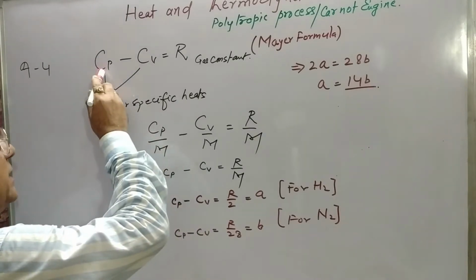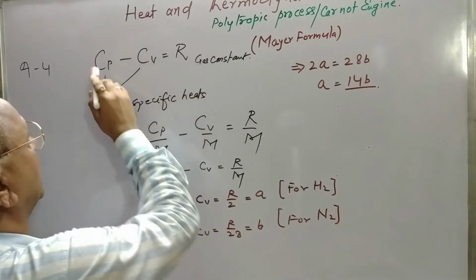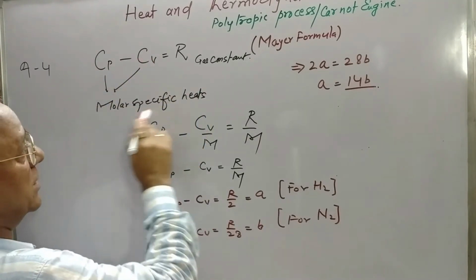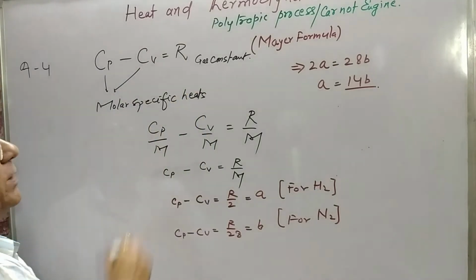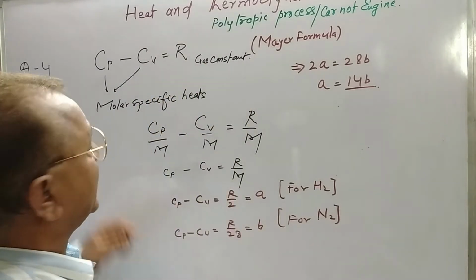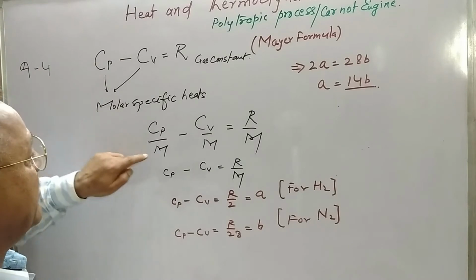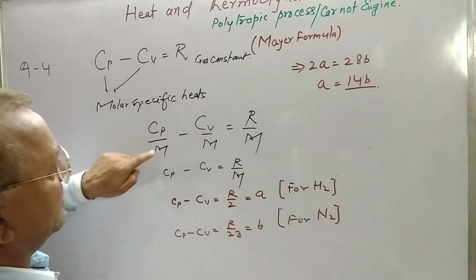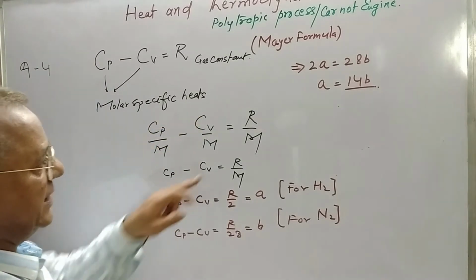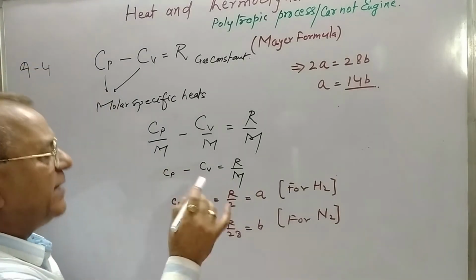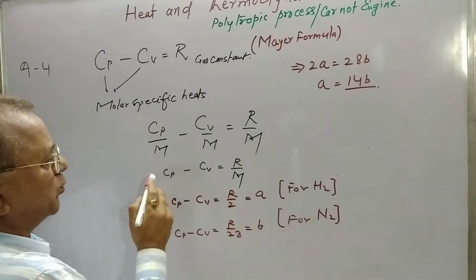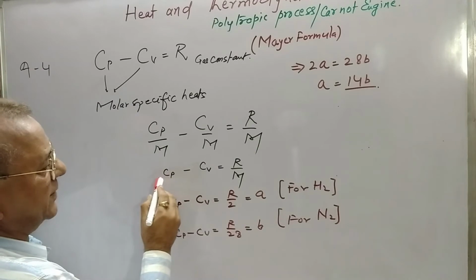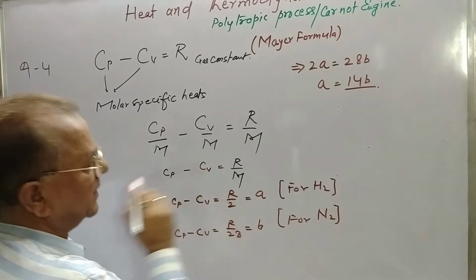But here Cp is molar specific heat at constant pressure, Cv is molar specific heat at constant volume, and R is the universal gas constant. If you divide it by molar mass, then Cp by m minus Cv by m equal to R by m. Now, many books, instead of capital Cp, write small cp minus small cv.